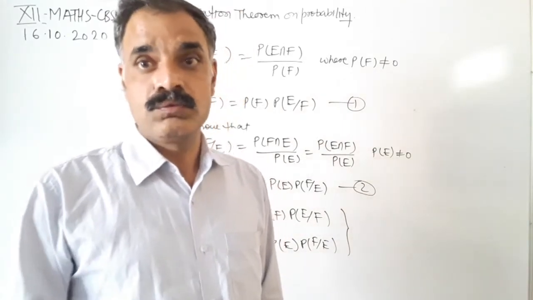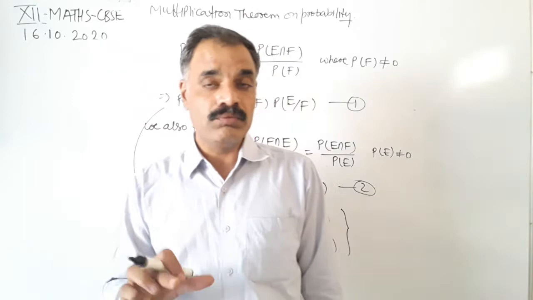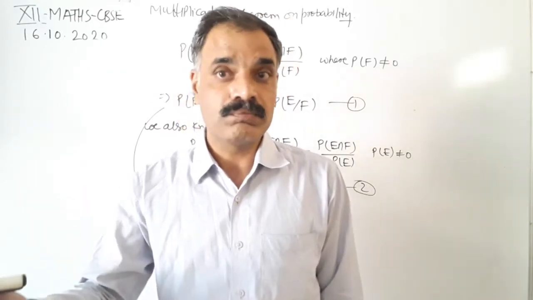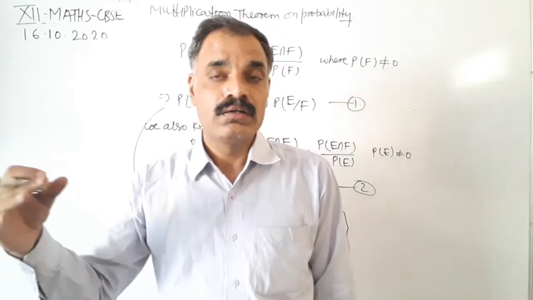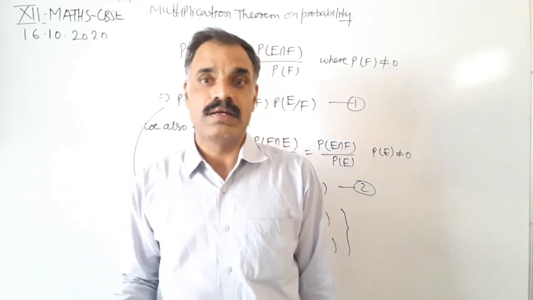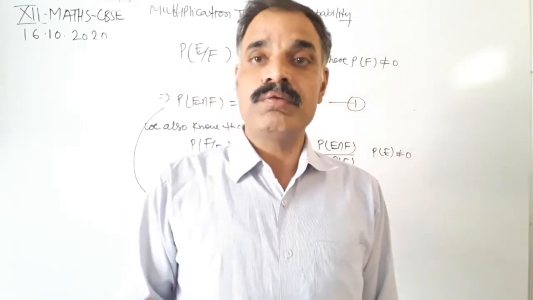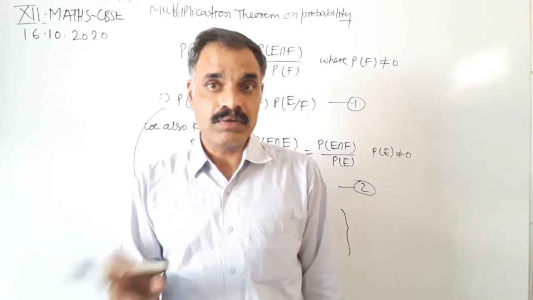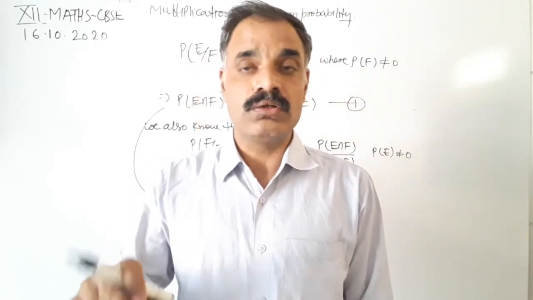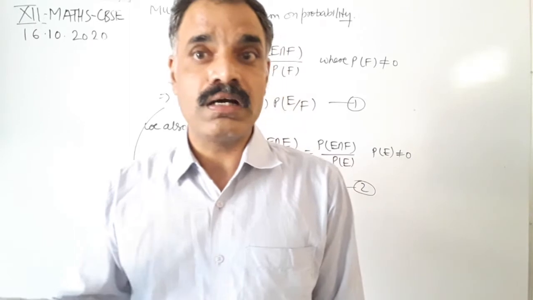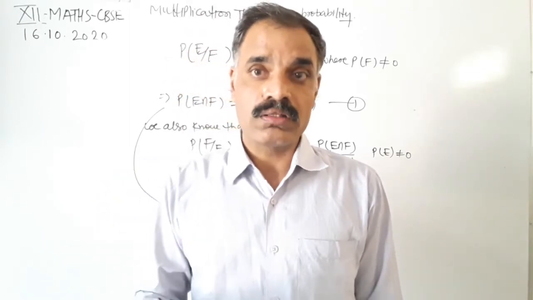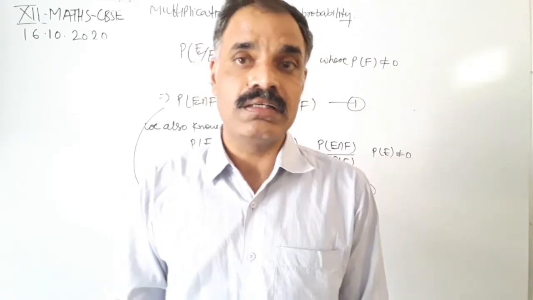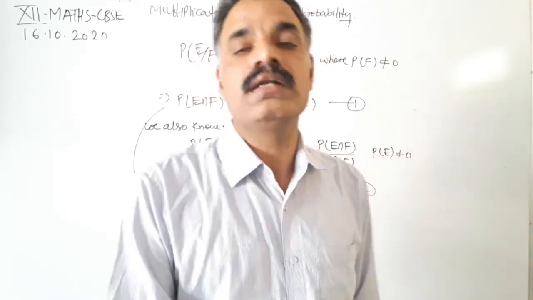But what happens if there is no effect of the occurrence of the first event on the occurrence of the second event? If the occurrence of the first event does not affect the occurrence of the second event, or the occurrence of the second event does not affect the occurrence of the first event, then the events are called independent events.